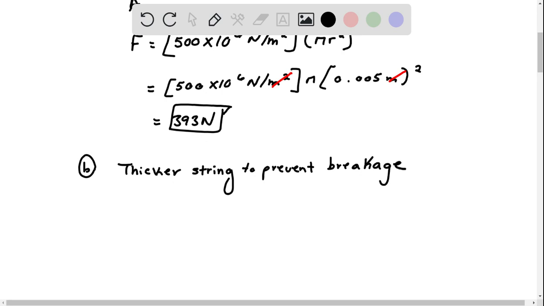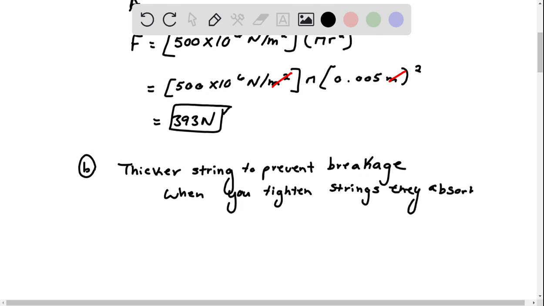It's fine. And that's because when you tighten strings, they absorb the force, or the tension, otherwise known as tension.